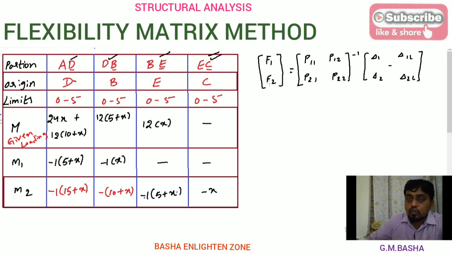So these are the unknown forces. Finally, we have to find these two values. And what about this P11, P12, P21, P22, delta 1, delta 1L, delta 2, delta 2L?